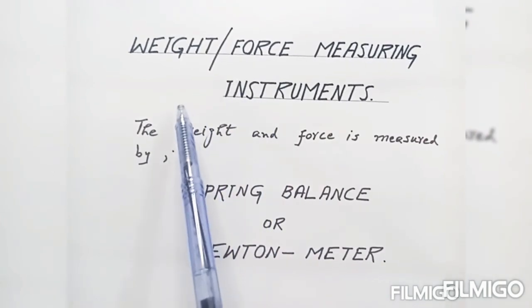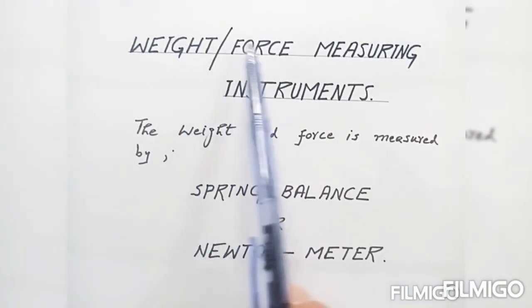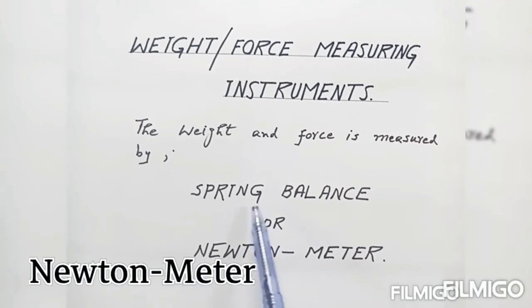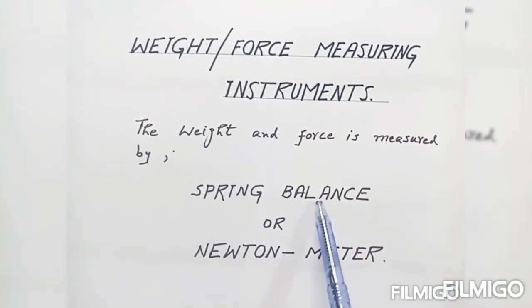What are the instruments which are used to measure weight or force? So weight and force are measured by the spring balance or the Newton meter. With the help of spring balance, or you can also say the Newton meter, we measure force and weight.